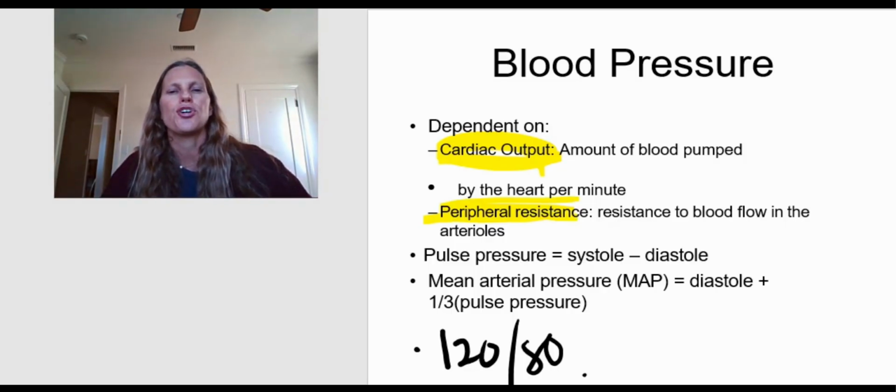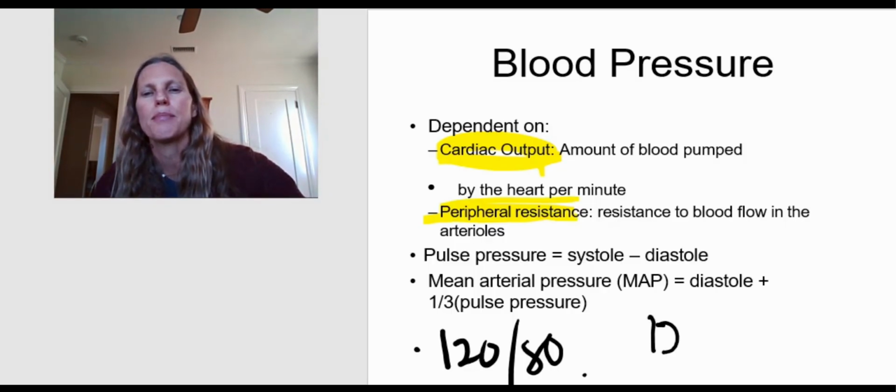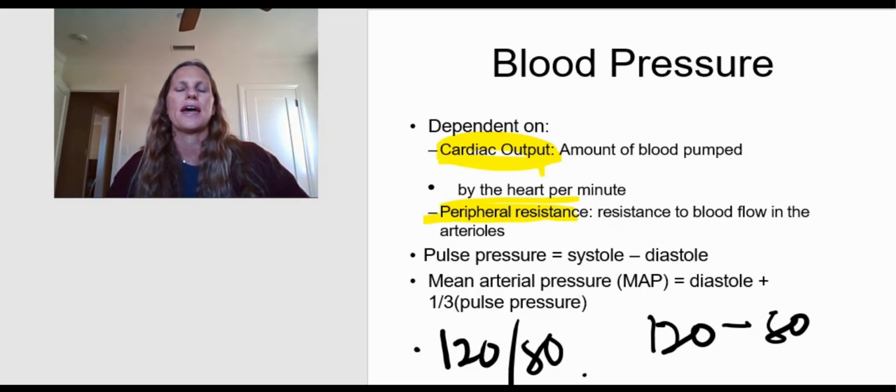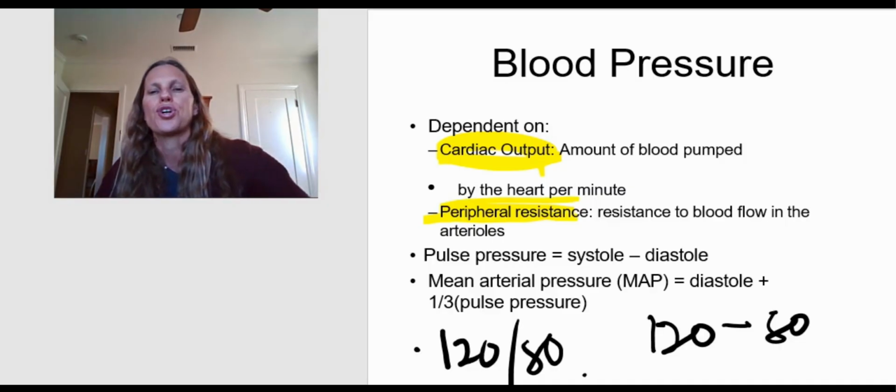The pulse pressure then would be the systolic number minus the diastolic number. That gives you the pulse pressure. In that case, what is that, 40? The pulse pressure is 40.